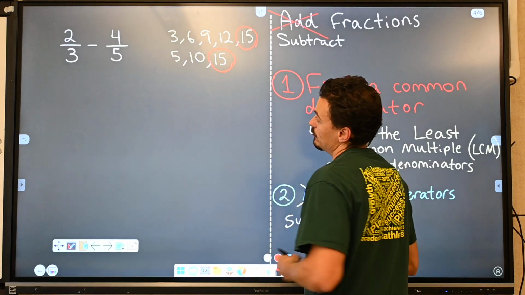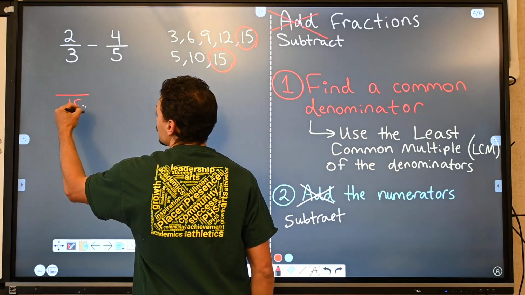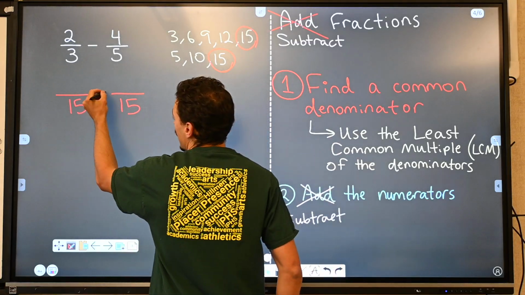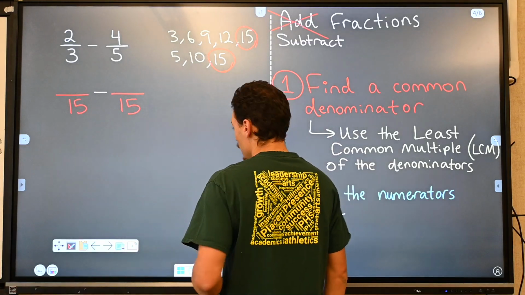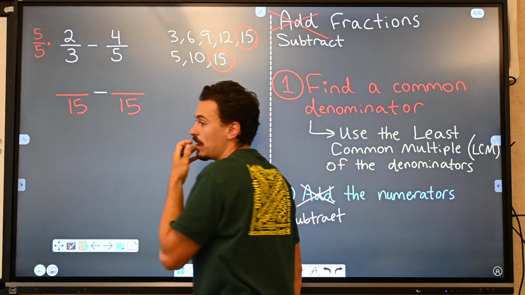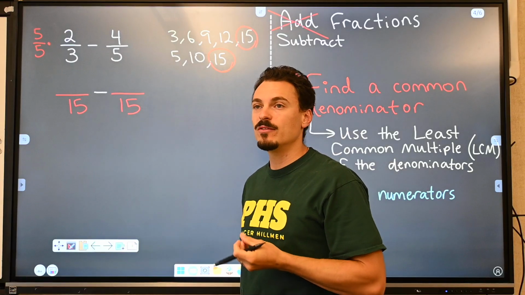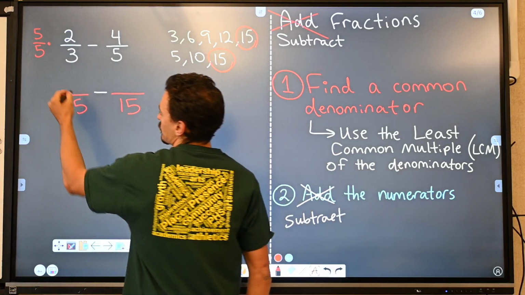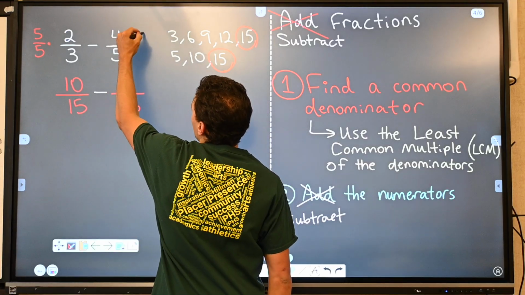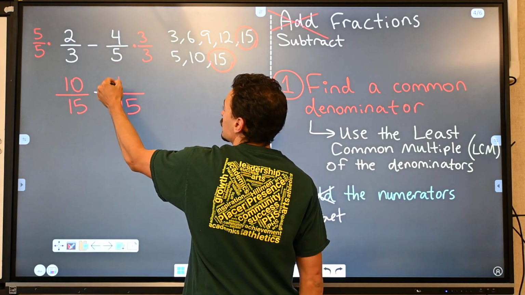Okay, now 15 is our common denominator. We are subtracting. To get 15 from 3, I got to do 5 over 5. I need to multiply by a value of 1 or else I change the value of the number. So that is why I have to multiply the top as well. And then here I'm multiplying by 3 over 3.